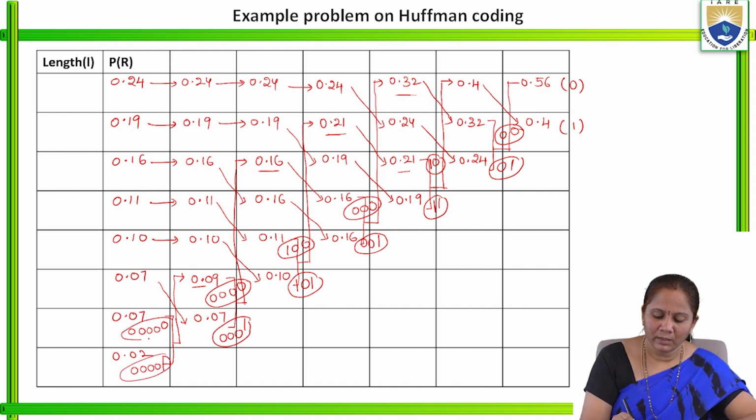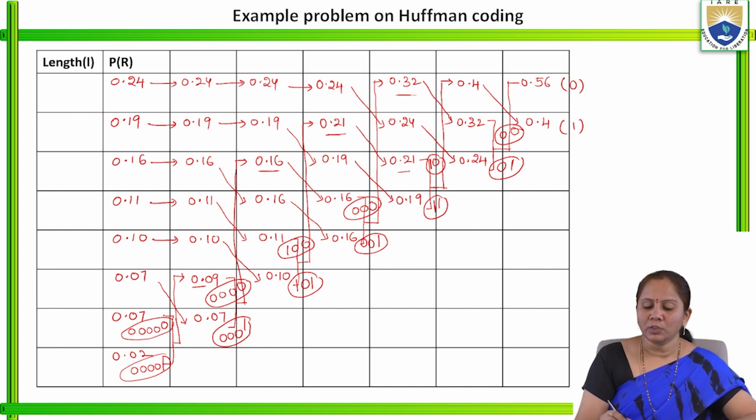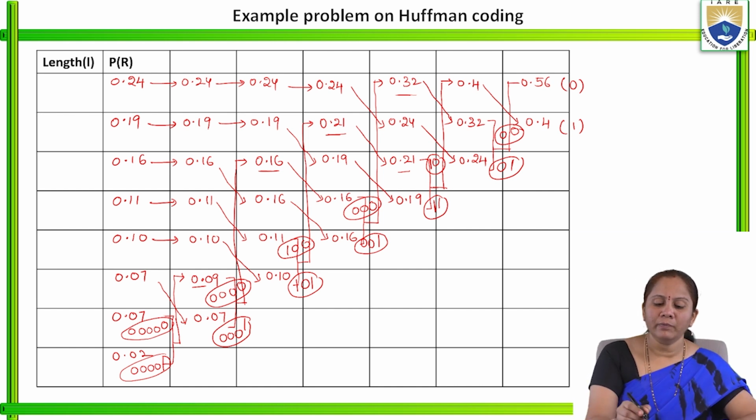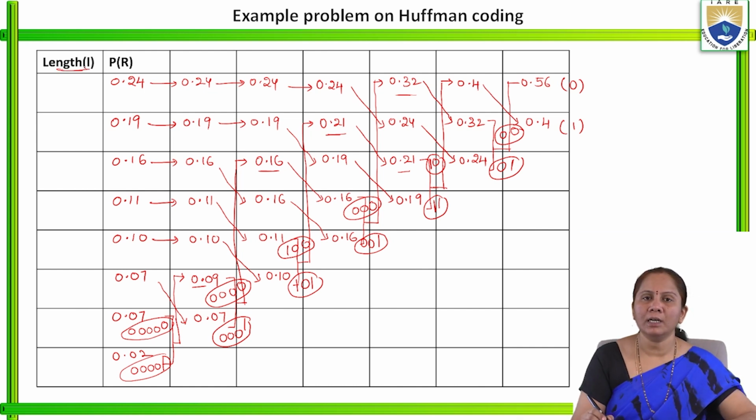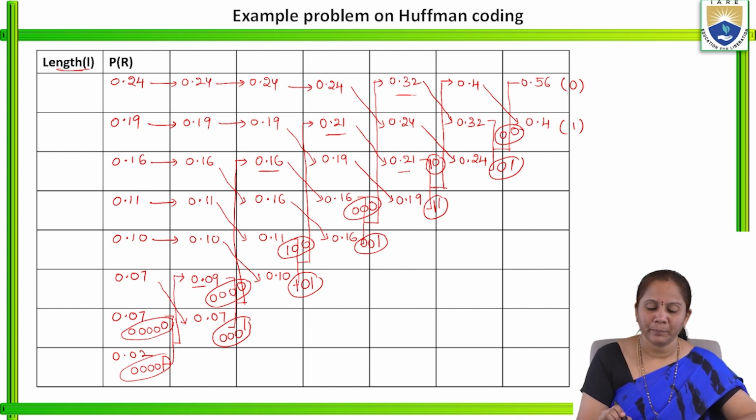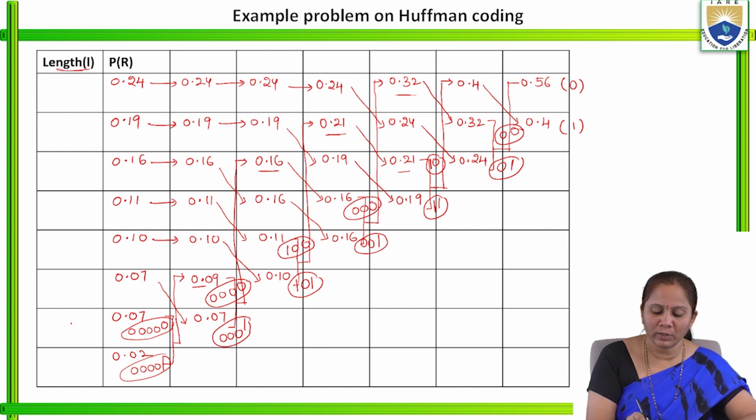So this is the symbol now. So like this, we have to perform the coding operation and we have to identify what is the length of each code. So if we see 0.02, how many number of symbols are here? 1, 2, 3, 4, 5. So the length of this will be 5.